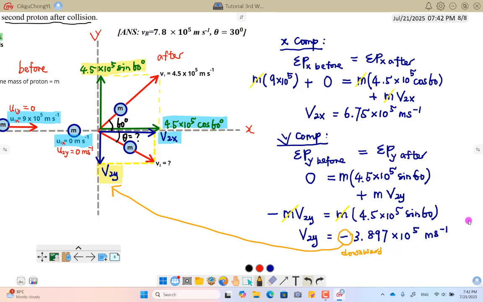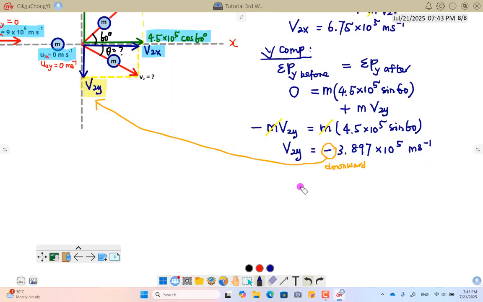After we have the x component and y component for v2, we can determine the magnitude of v2. I can calculate v2 using the Pythagorean theorem: the square root of v2x squared plus v2y squared.